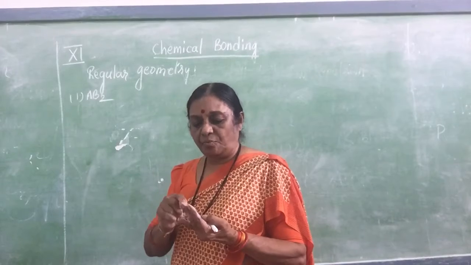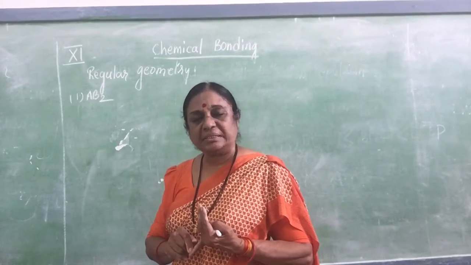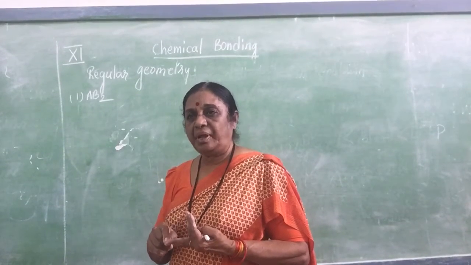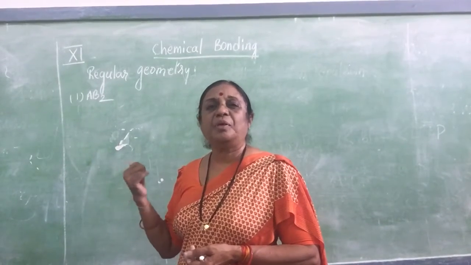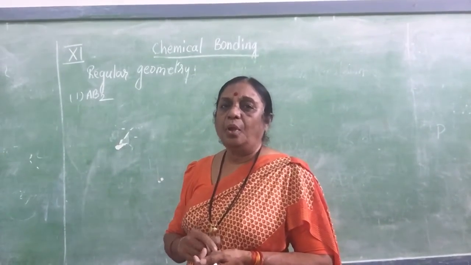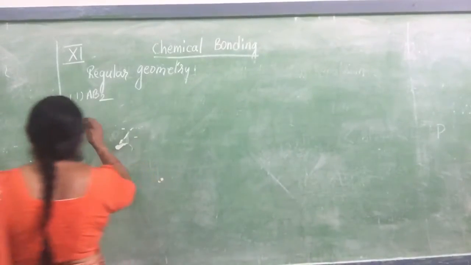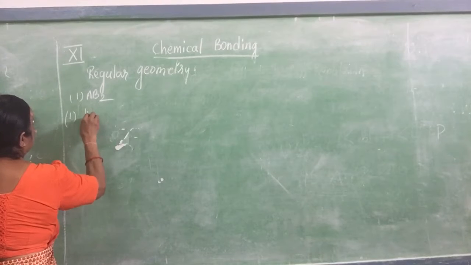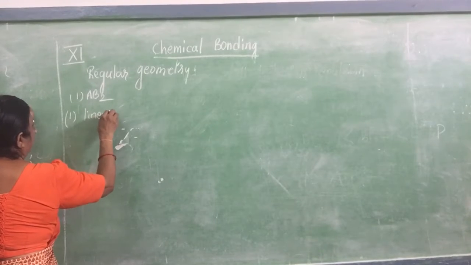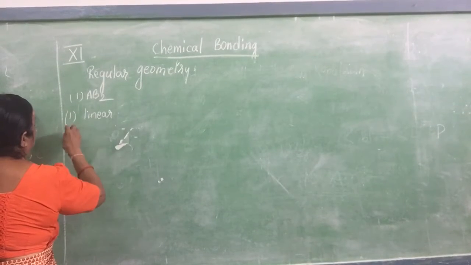Now, I asked you what is the hybridization, geometry and bond angle. By knowing the number of bond pairs, we can predict point number one. It is linear structure, linear shape, linear geometry.